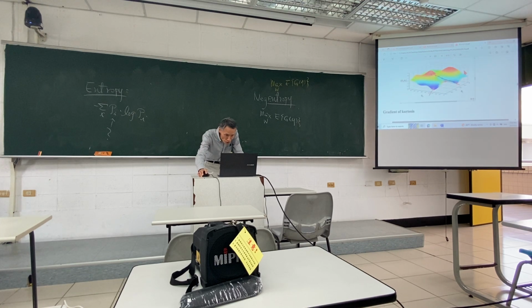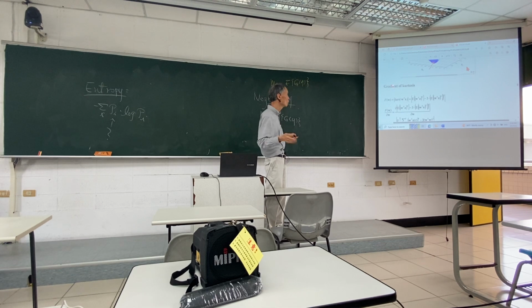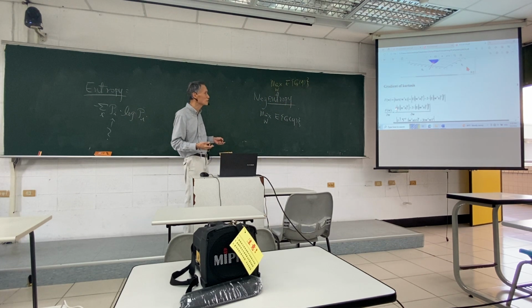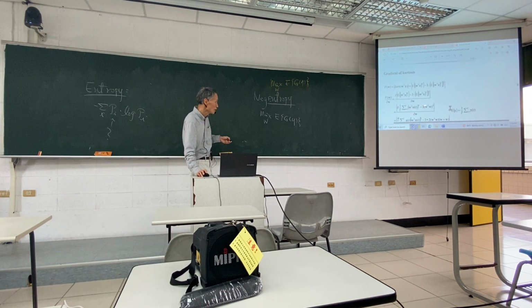That's the gradient. I won't talk too much about the optimization, but if you go for the gradient of the kurtosis, that's the way we estimate the gradient, and then we can go for gradient descent.